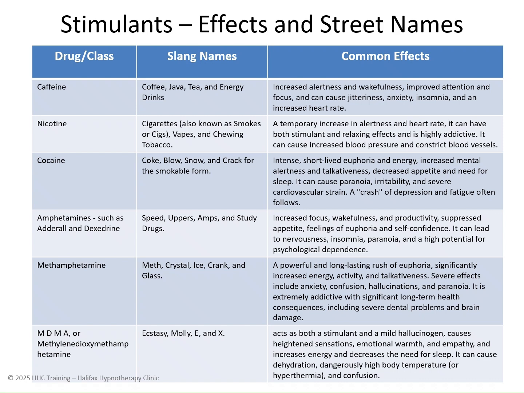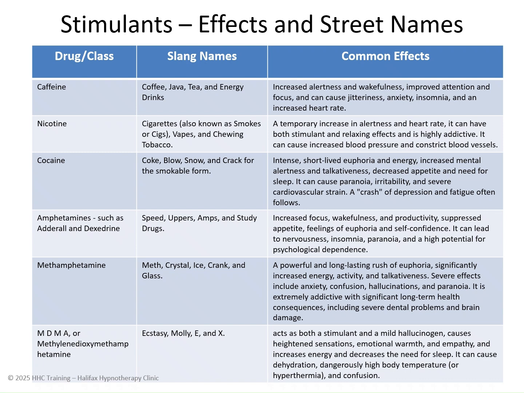For amphetamines, such as Adderall and Dexedrine, slang names include speed, uppers, amps, and study drugs. Common effects include increased focus, wakefulness, and productivity, suppressed appetite, feelings of euphoria and self-confidence. It can lead to nervousness, insomnia, paranoia, and a high potential for psychological dependence.